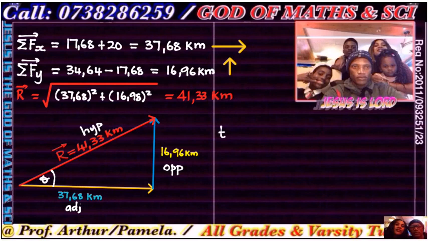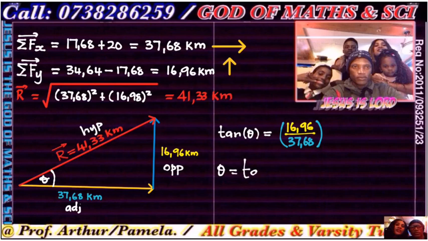So tangent of theta equals, remember tangent is the opposite, this yellow one here, which is 16,96, divided by the adjacent, which is 37,68. But to get the angle, I must do arctangent, shift tangent. So theta is going to be tangent to the power -1 of those numbers.